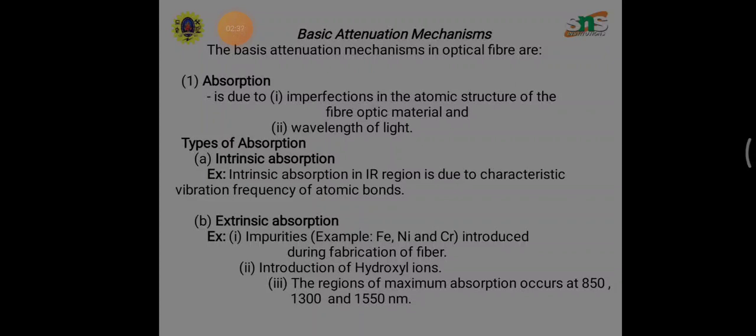The most common fibers are manufactured using fused silica and are optimized for transmission from 1300 nanometers to 1550 nanometers. At wavelengths beyond 2000 nanometers, multi-phonon interactions in fused silica glass cause significant absorption.